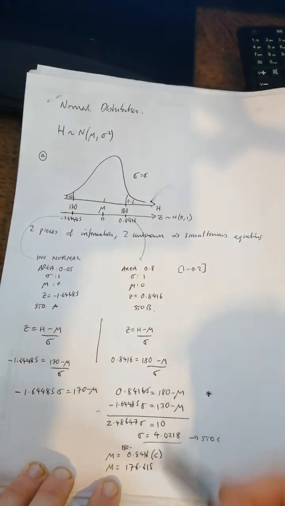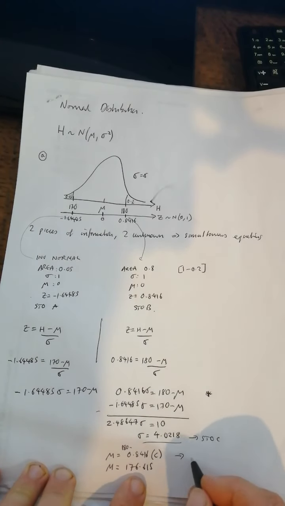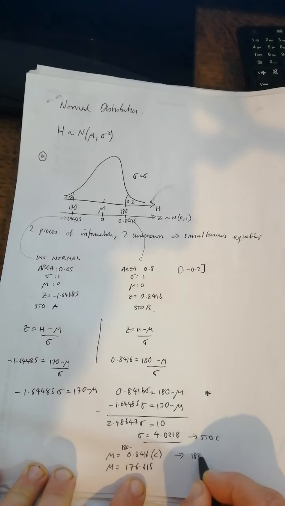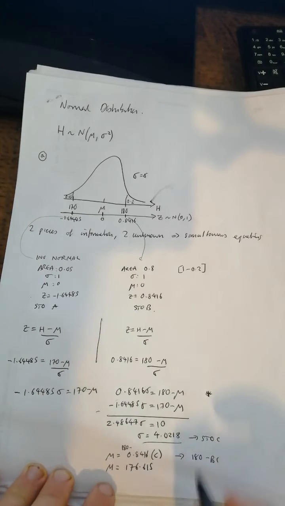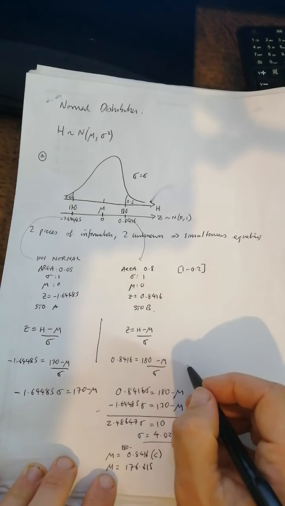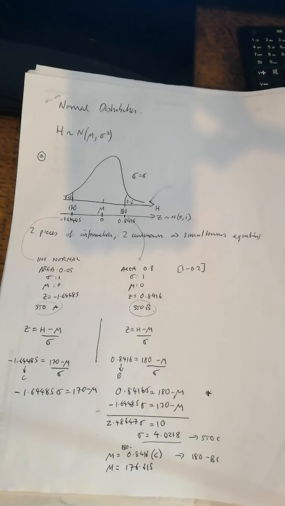Does that match with the picture? Yes. I typed 180 minus BC because I've stored values in B and C. Right, that's part B done.